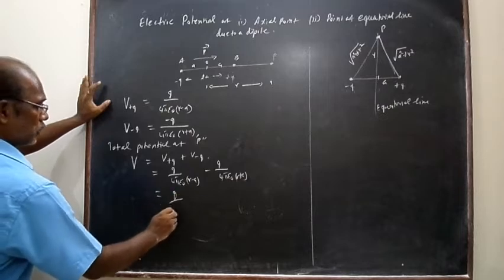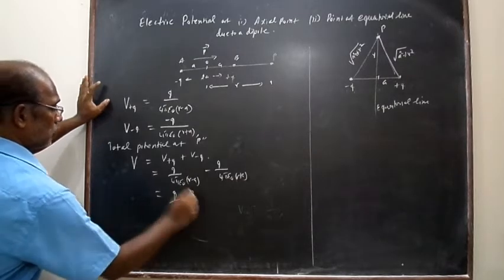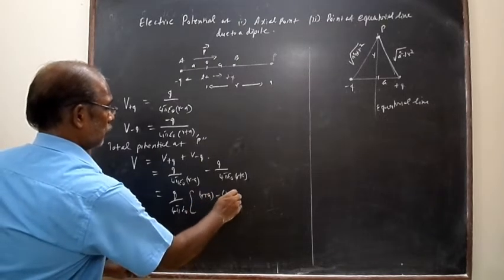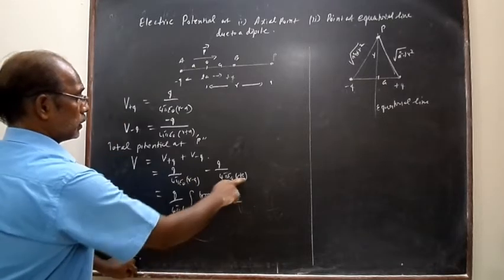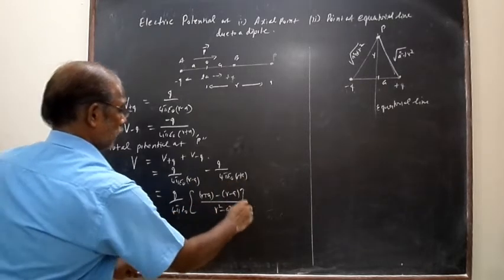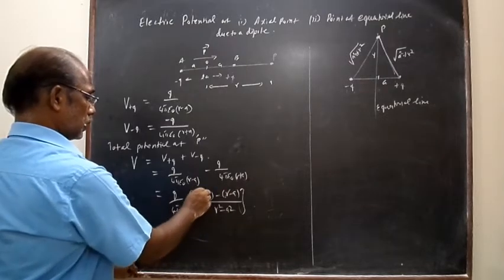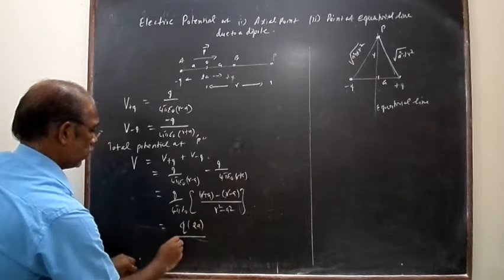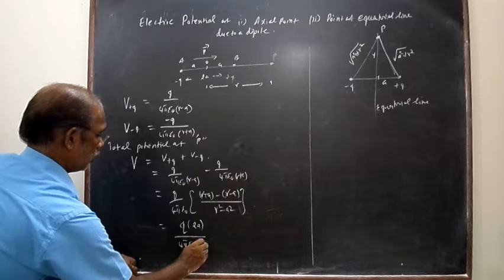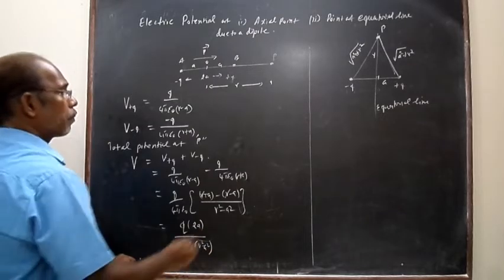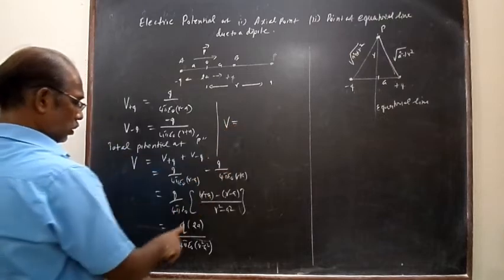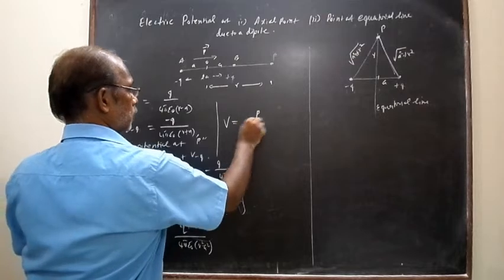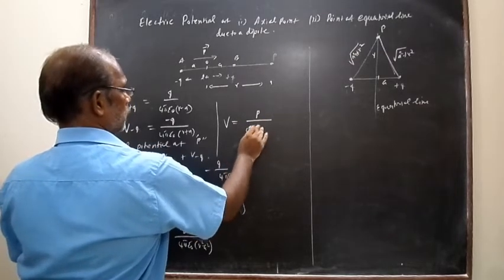Then Q divided by 4 pi epsilon naught is the common factor; after simplification, r plus a minus r minus a, with the denominator r minus a times r plus a, which is r square minus a square. So minus r and plus r cancel, and Q into 2a divided by 4 pi epsilon naught times r square minus a square, or V equals 2a, the separation, times Q, the dipole moment p, by 4 pi epsilon naught.